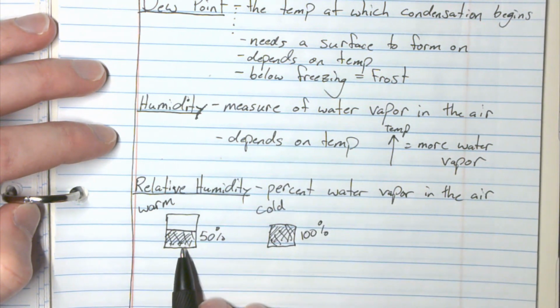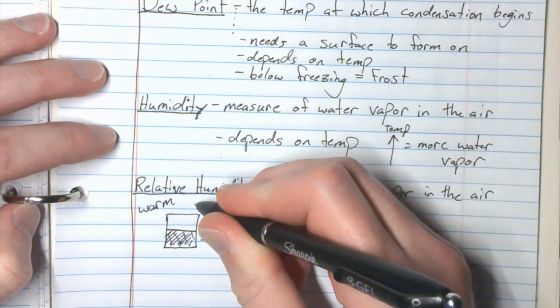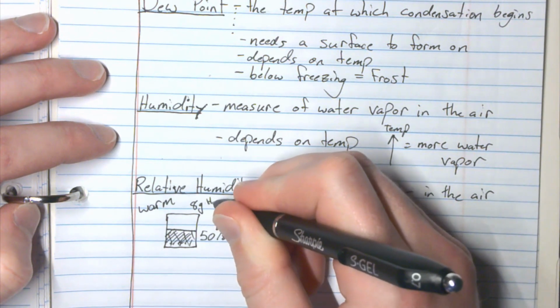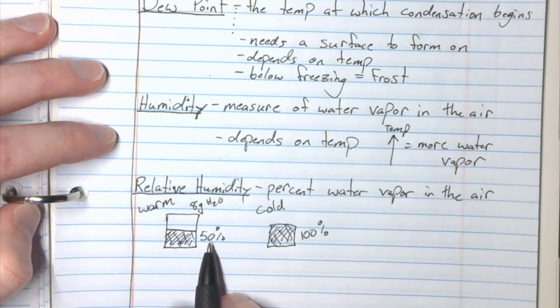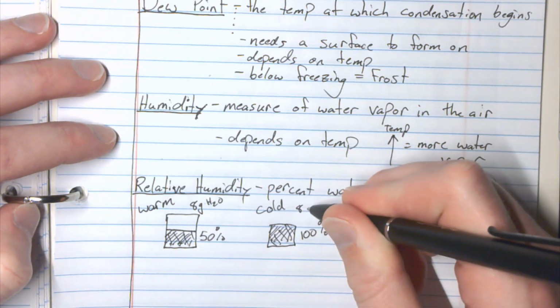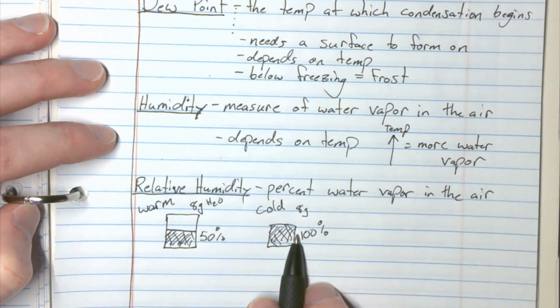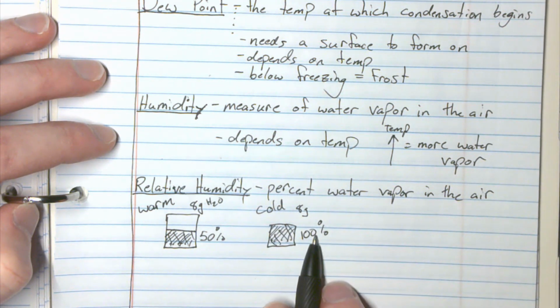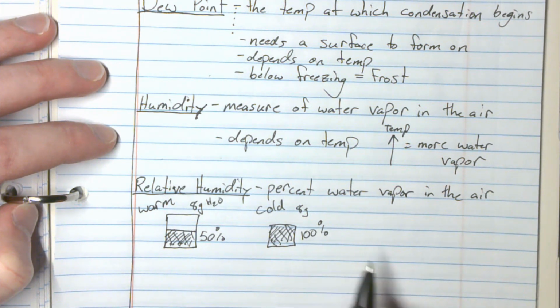And so if it's warm out and I have, let's say, 8 grams of water in the air, it's not going to be as bad. But if I have 8 grams and it fills the air because it's cold and that's as much as it'll hold, it's going to feel a lot more humid. It's going to feel like there's a lot more water in the air, or moisture.